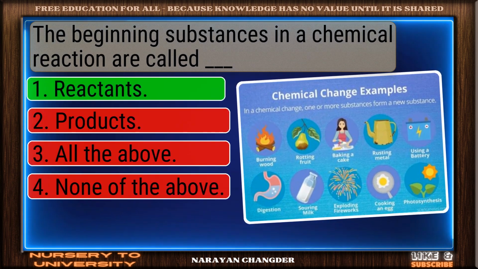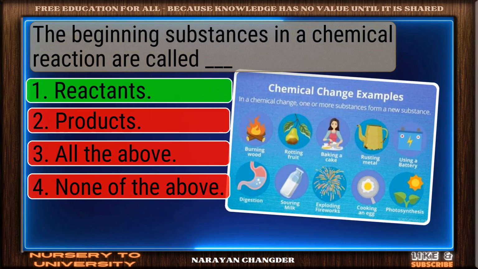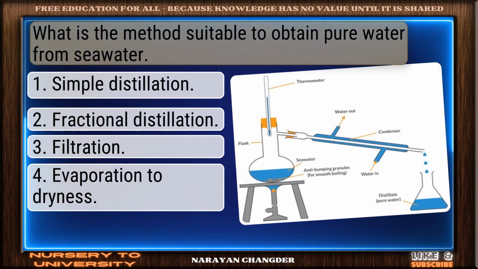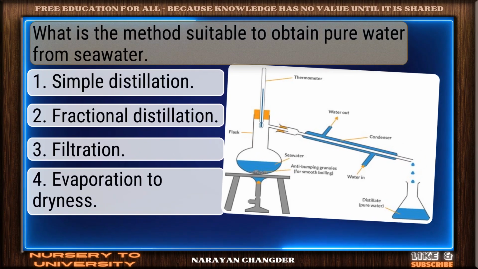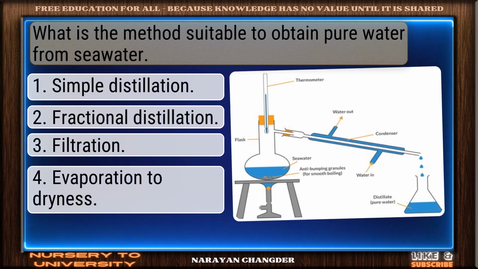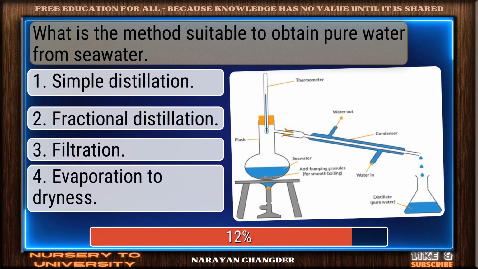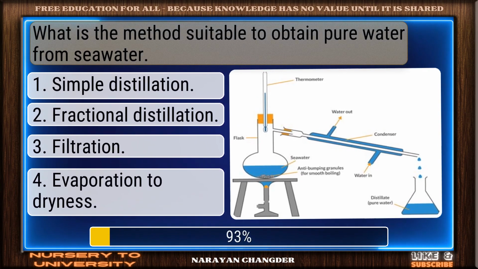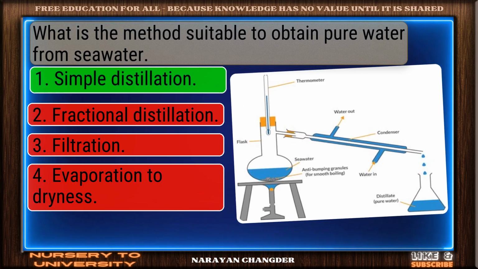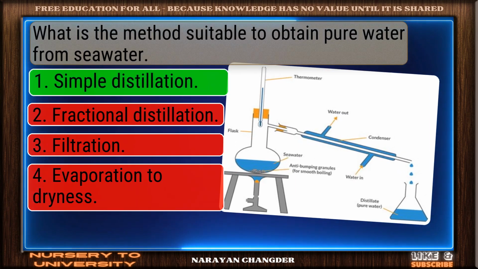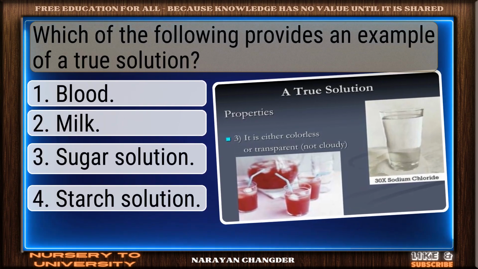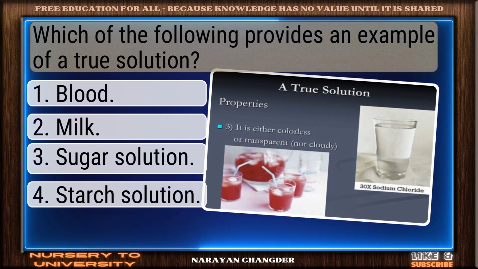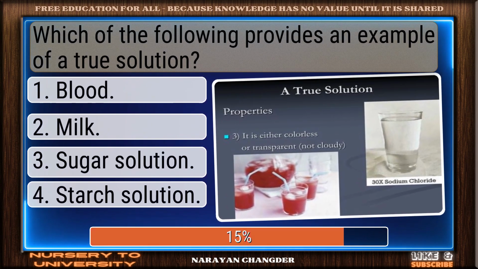Smart move. Reactants is an accurate answer. Question number 126. What is the method suitable to obtain pure water from seawater? Smart pick. Simple distillation is the correct choice. Question number 127. Which of the following provides an example of a true solution?